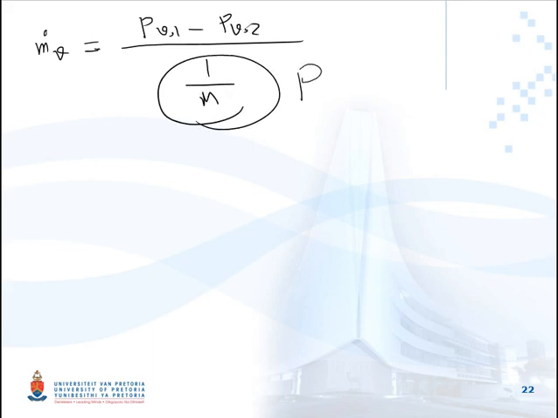So this is basically the vapor resistance, and it's equal to 1 divided by permanence.